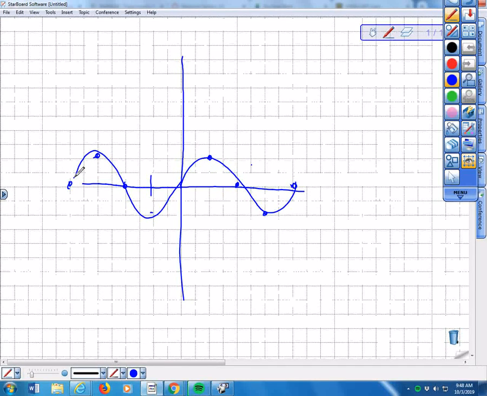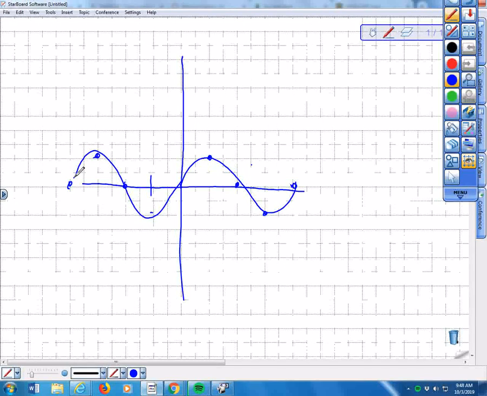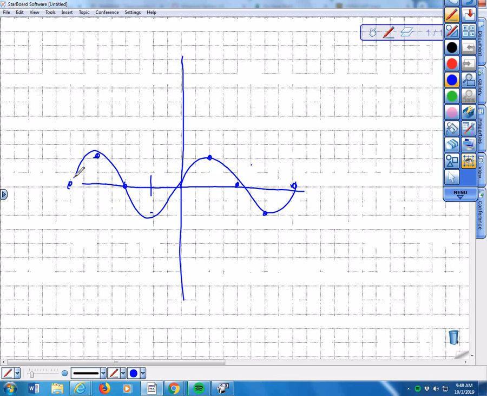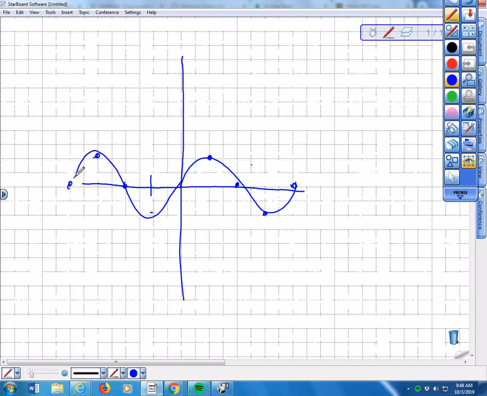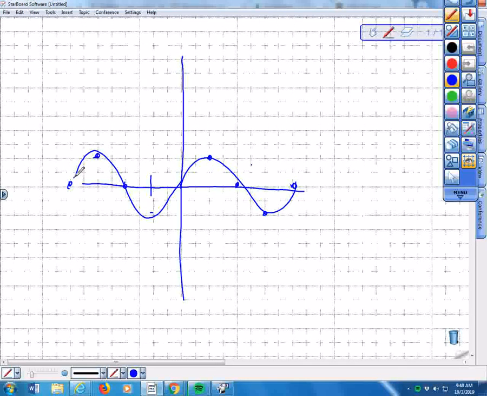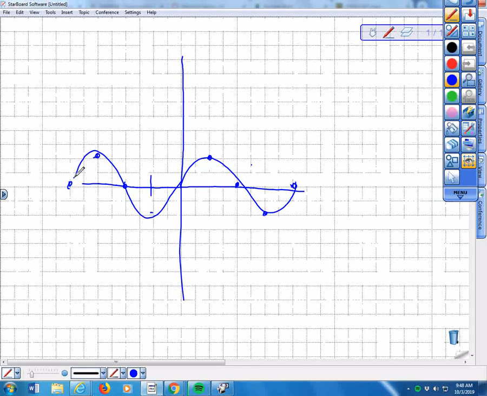But for the inverse of a function to also be a function, the original function has to pass a horizontal line test. Remember, to find whether this is a function, we do vertical line tests, and as long as the line only goes through at one point all the way around, then we know it's a function. So sine of x is a function.